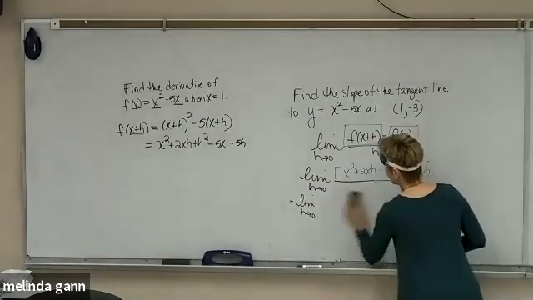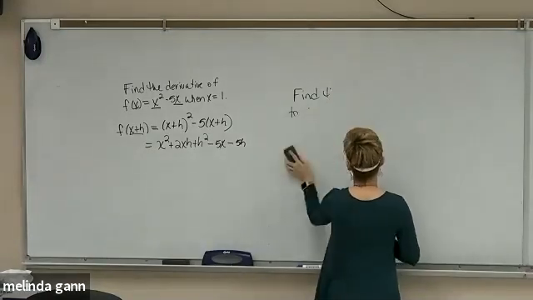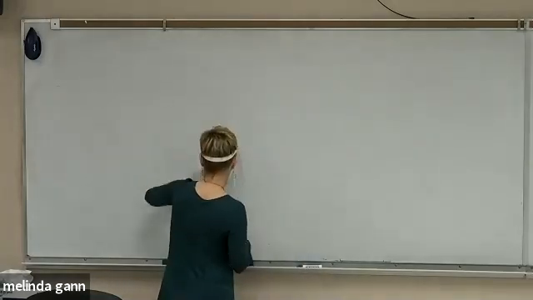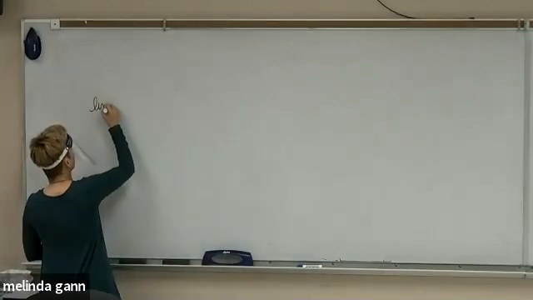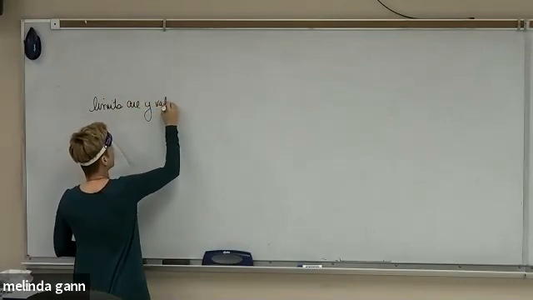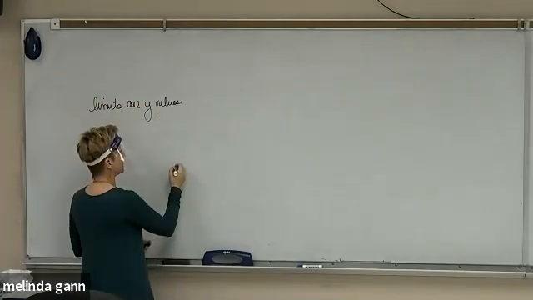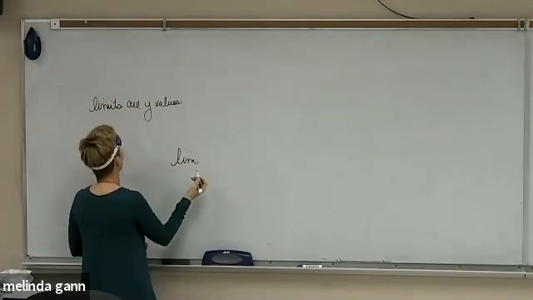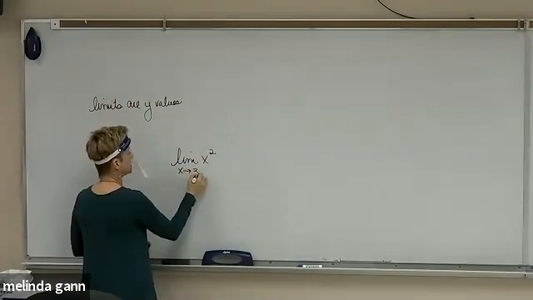Now, what happens sometimes is students get limits confused with derivatives. So, do we remember that limits are y values? Okay, so when it says something like, what's the limit of x squared as x approaches 3?